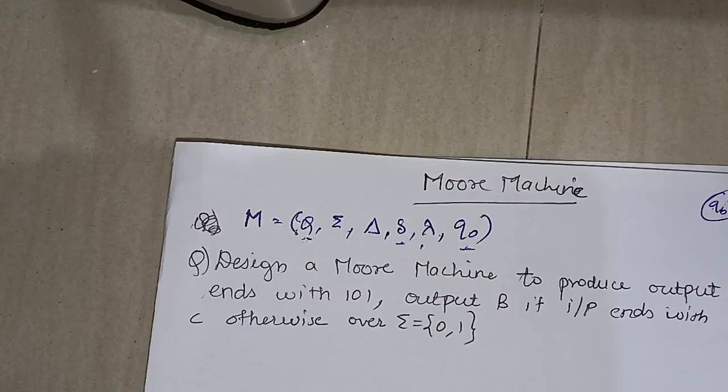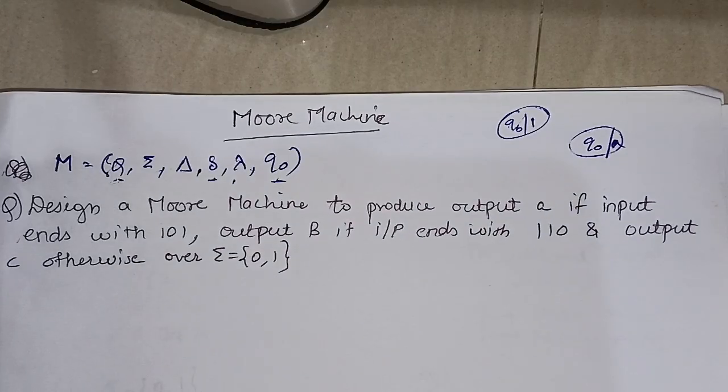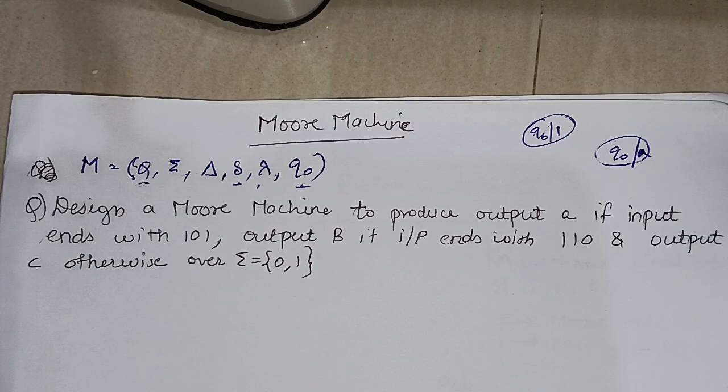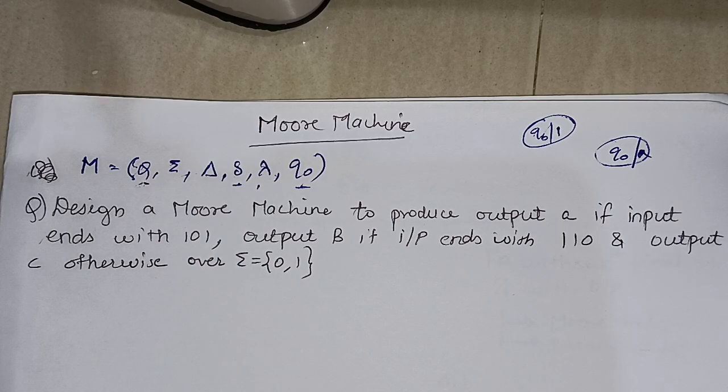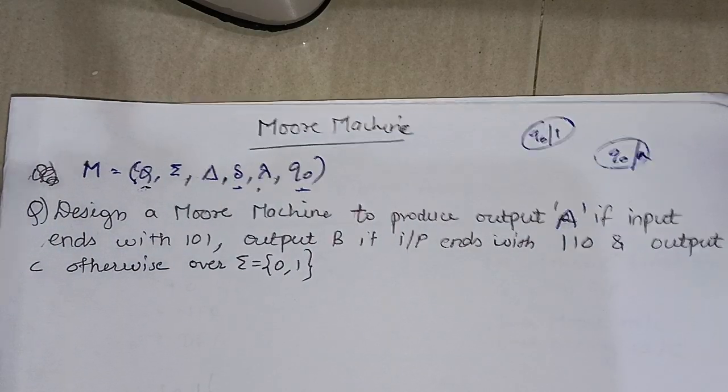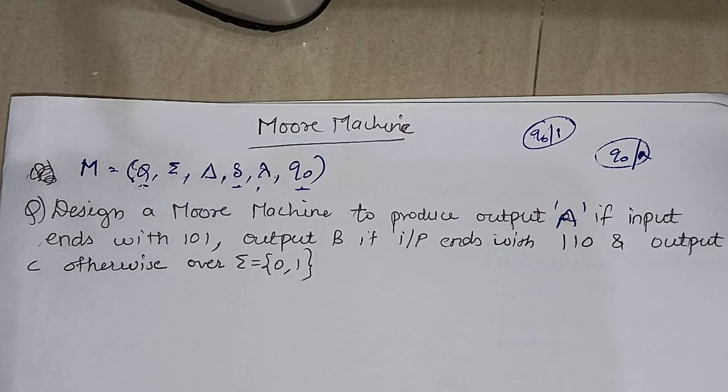Okay, so based on it, let's solve an example. What is the question given here? Design a Moore machine to produce output A if input ends with 101, output B if input ends with 110, and output C otherwise over the input alphabet 0, 1. Now see what the question tells. We have to design a Moore machine to produce output A, this is capital A, if the input ends with 101.